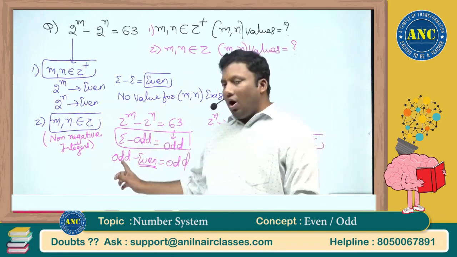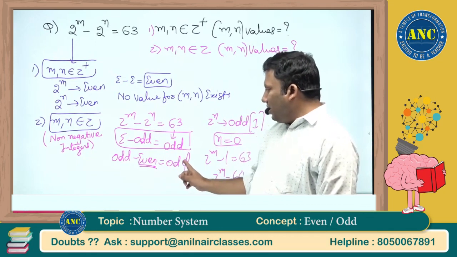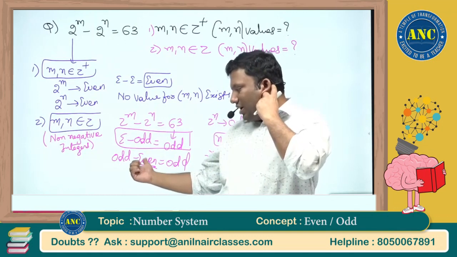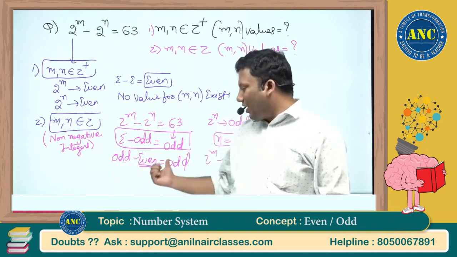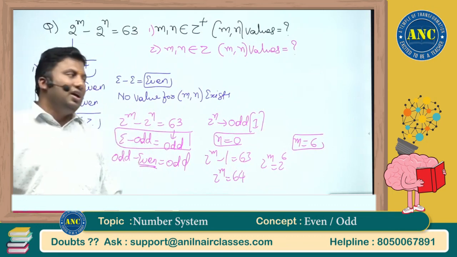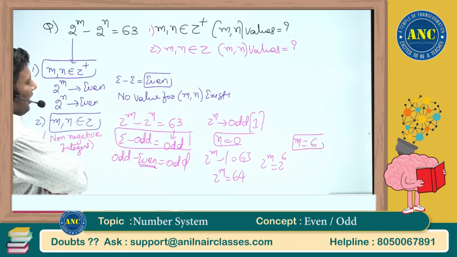If 2 power m is odd, m value 0, then 1 minus something cannot be 63. If n is even, 1 minus 16, 1 minus 8, it cannot be, right? It will get into a negative value. I hope the idea is clear.